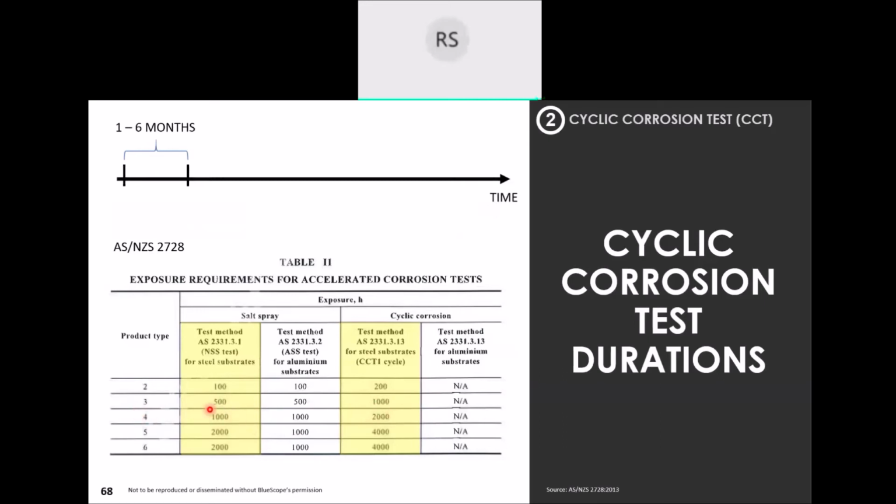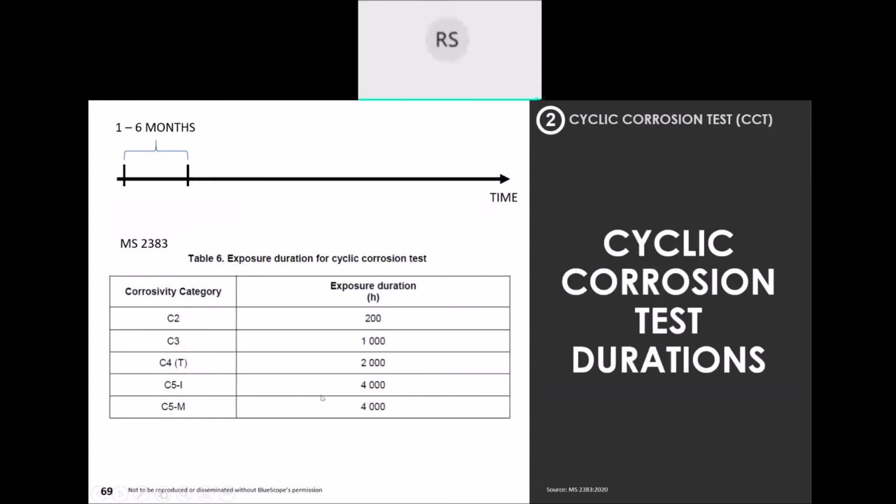Right, so it does not mean that if let's say it passed only one of them and failed one of them, it can still be classified as C4. No, right? But in Malaysia, it's a different case. Either you can opt for the salt spray test, or you can opt for this cyclic corrosion test, right?